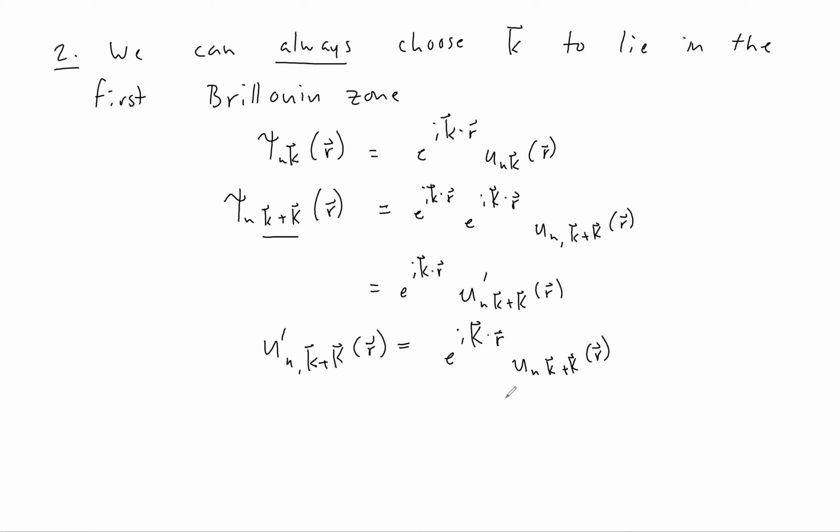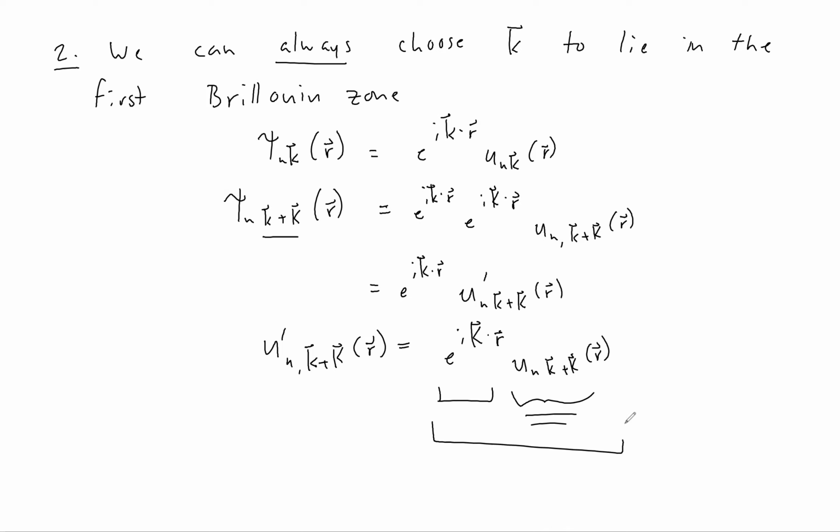So this function has the periodicity of the lattice. You can imagine that it's constructed as a Fourier expansion in reciprocal lattice vectors. If I simply multiply this function, which has the periodicity of the lattice, by this plane wave, which also has the periodicity of the lattice, the resulting function still has the periodicity of the lattice.